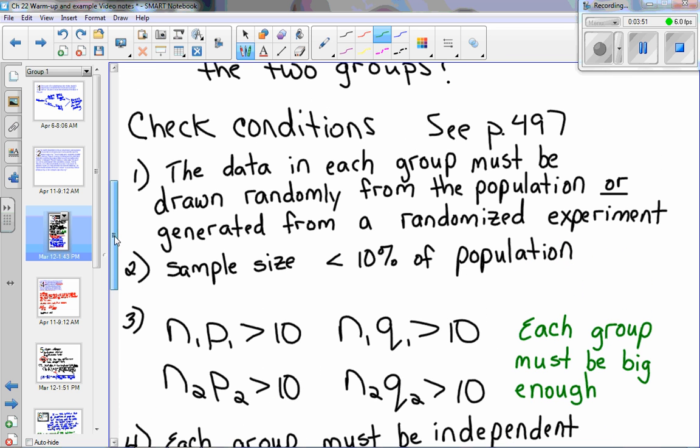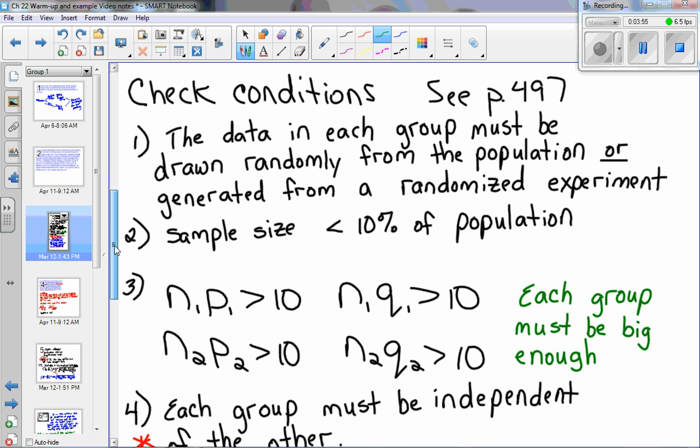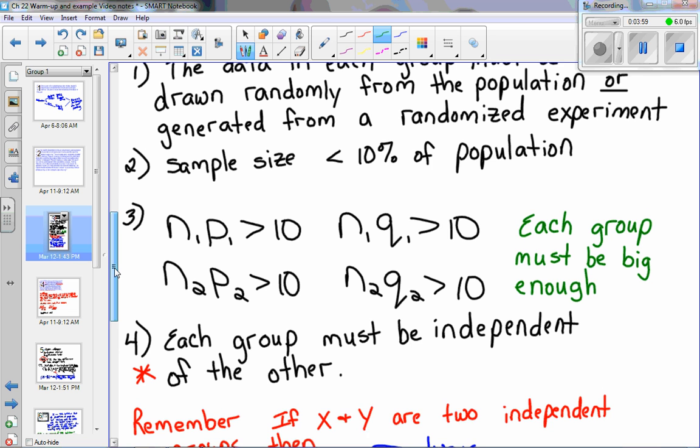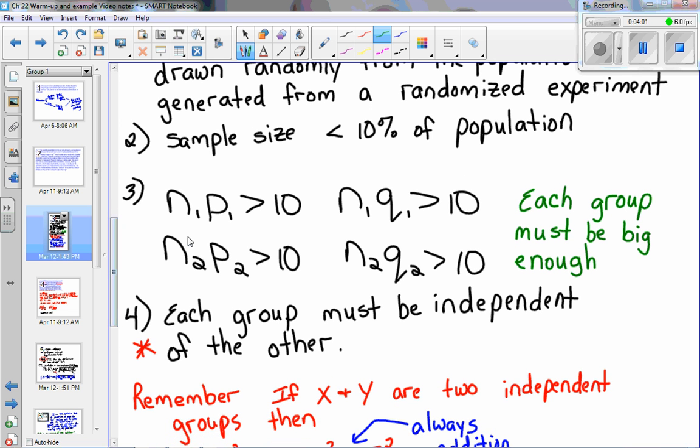And clearly there are a lot more smokers in the world than what we have in our group, so that condition will be met. Then for the next one, each group has to be big enough. So you do have to check not just n times p greater than 10, but this time it's n1 times p1, and n1 times q1, and n2 times p2, and n2 times q2. You have to check all four of those and make sure that each group is big enough.